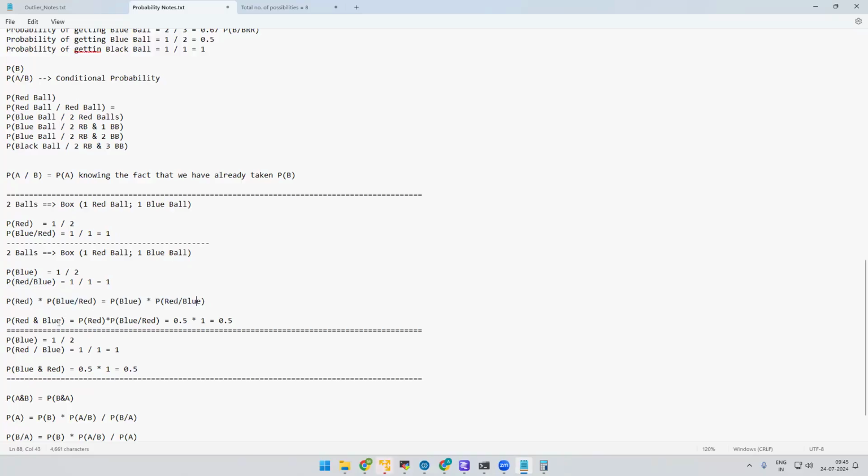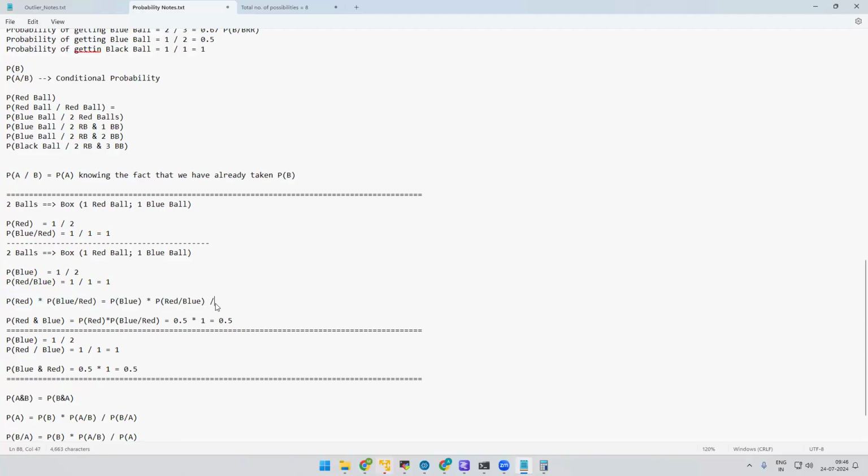So in conditional probability, if we know three of these values, it can be any three values, and we don't know the other value, we can easily find it out. Let's say that I don't know the probability of red. Then probability of red equals probability of blue into probability of red given blue, divided by, in the denominator, probability of blue given red.